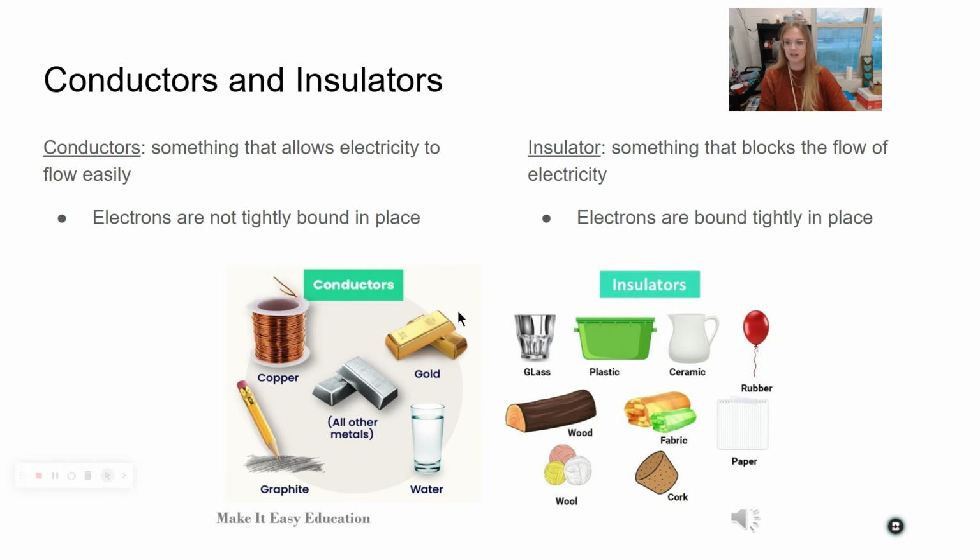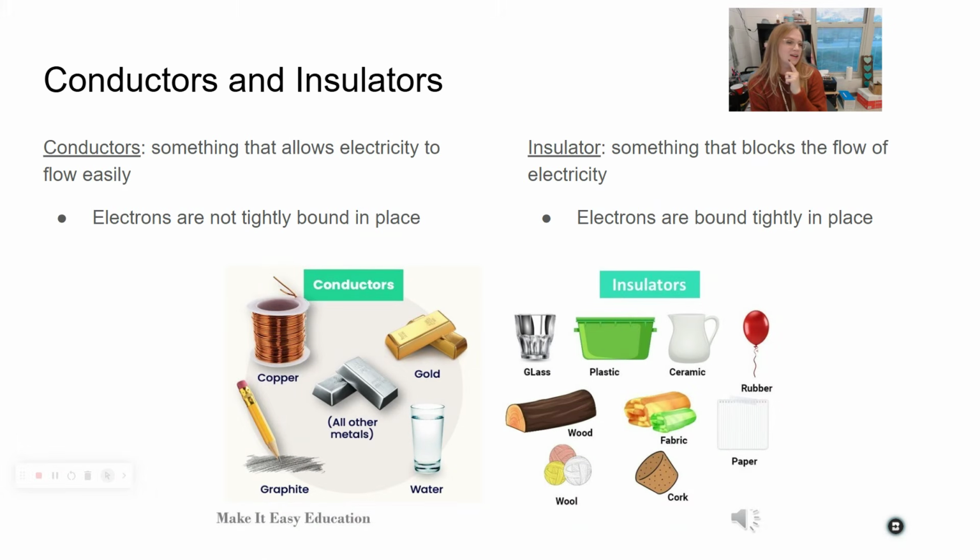Okay, this is, I think, our last little bit: conductors and insulators. There are conductors, which allow electricity to flow easily, and then insulators that don't. Conductors are really loosey-goosey with their electrons, or their negative charges, and so they don't hold them very tightly. This is going to be anything that's made out of metal.